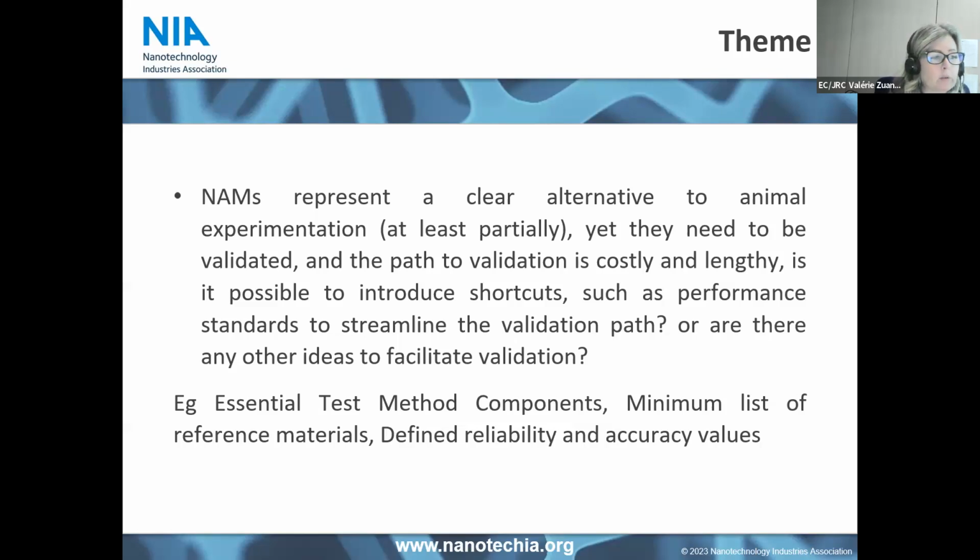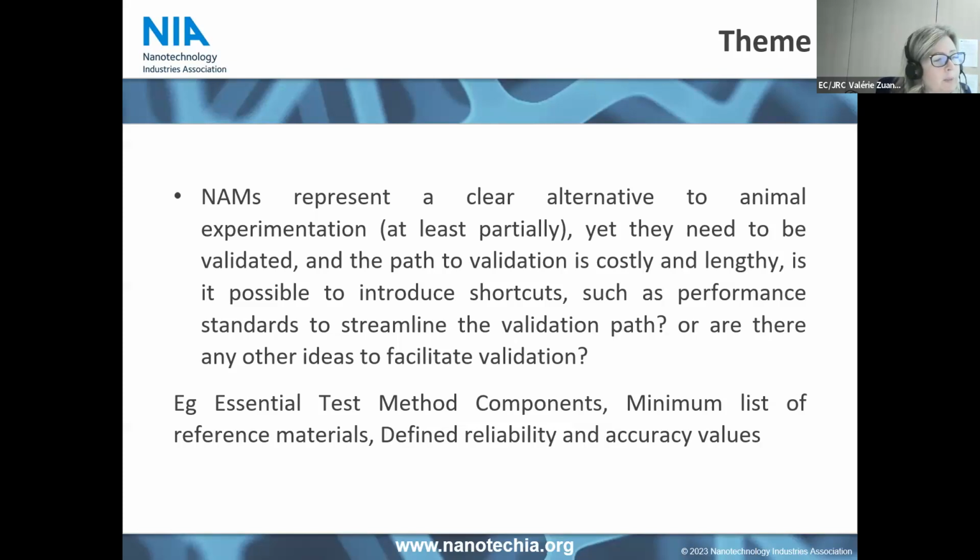We still want to have reproducible methods. We still want to have relevant methods. But the process to get there can certainly be streamlined. We already have performance standards. The concept of performance standard is already well known. And there are validation studies based on performance standards, which have been carried out since a long time.